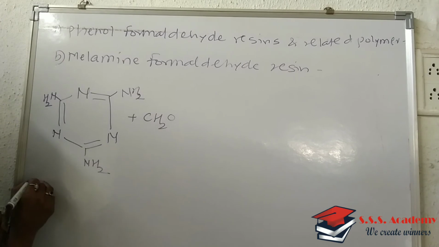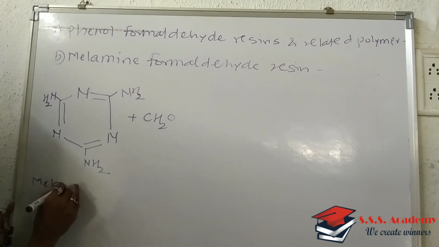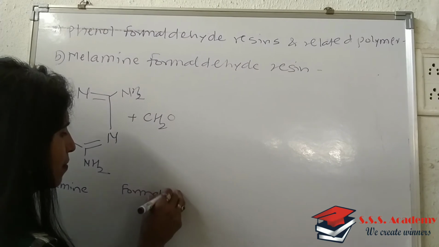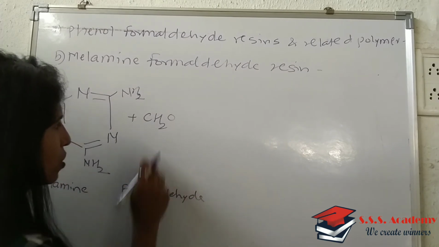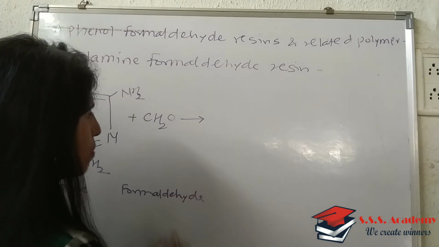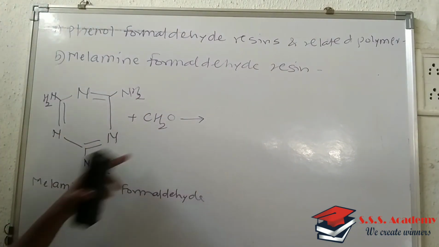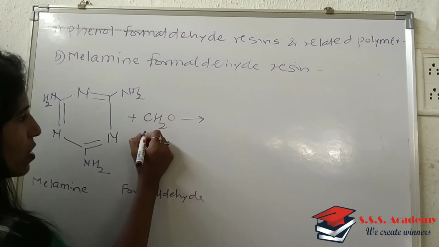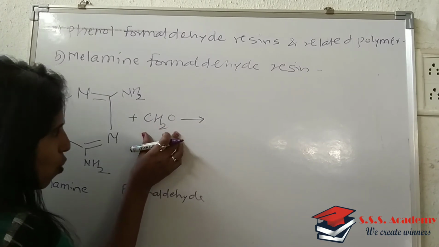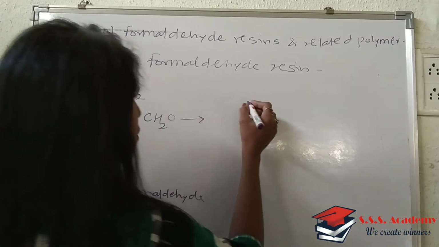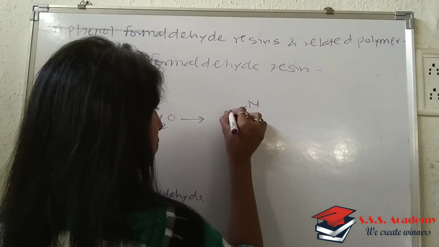So here you will write melamine, and next to that you will write formaldehyde. What we will first observe is that the melamine and formaldehyde react with one another. So this is CH2O and one hydrogen from this, so it results in the formation of this kind of structure.